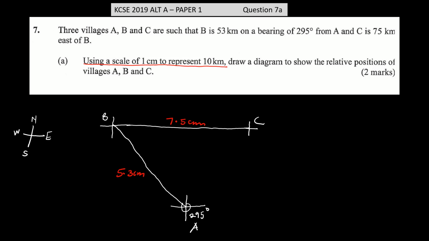And we can write our scale down here that 1 centimeter represents 10 km. So this is the answer to question A, which said draw a diagram to show the relative positions of villages A, B, and C.